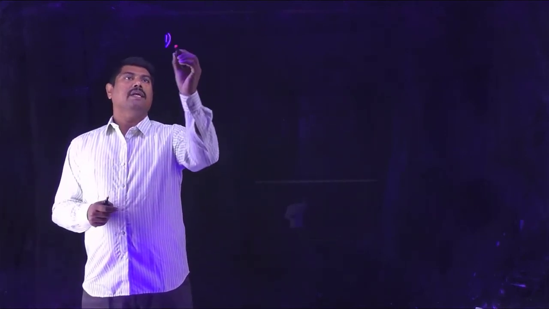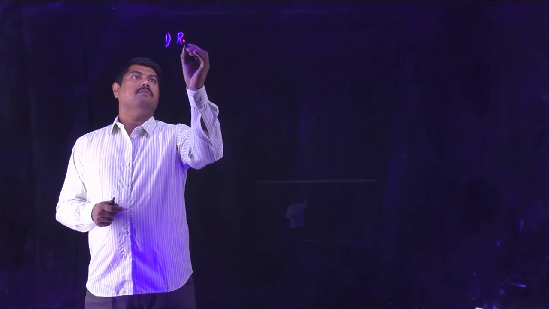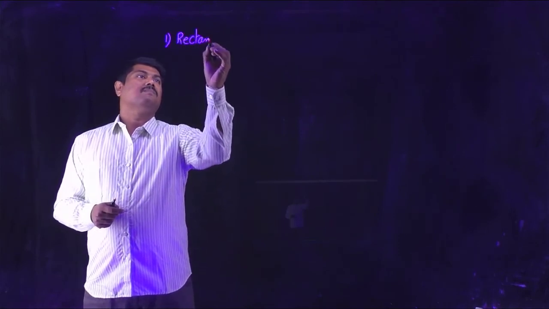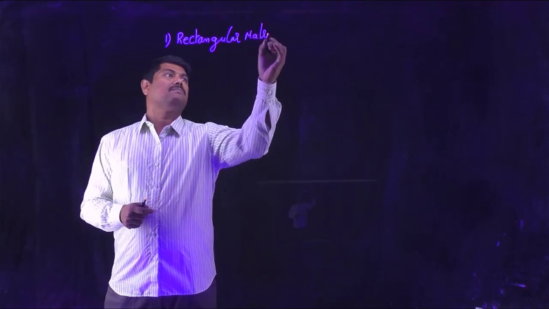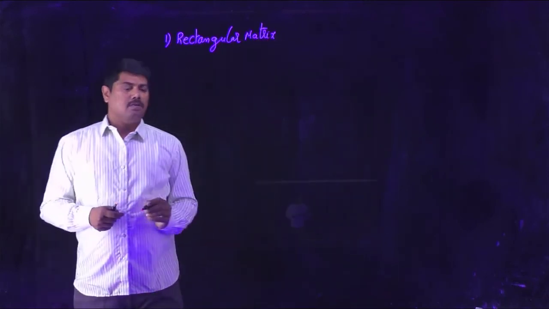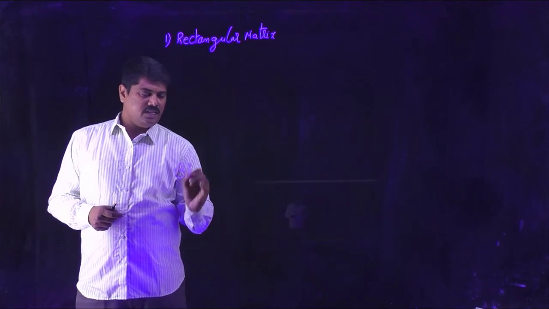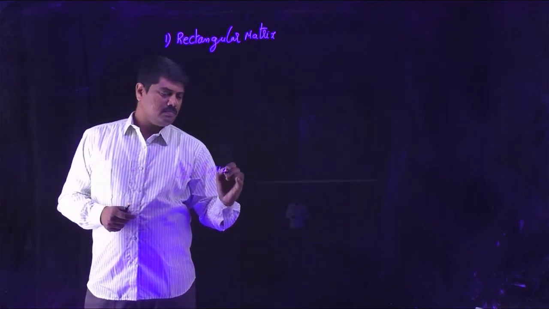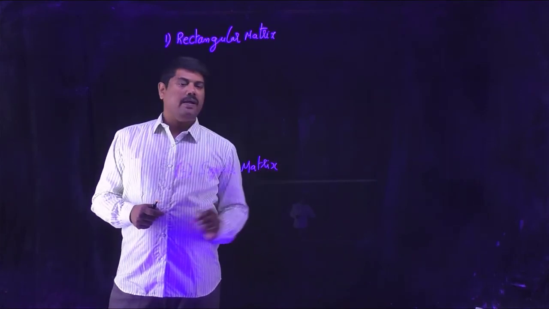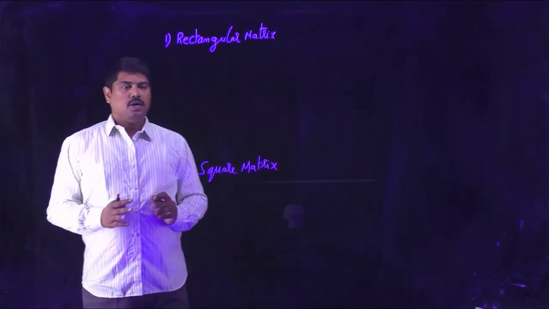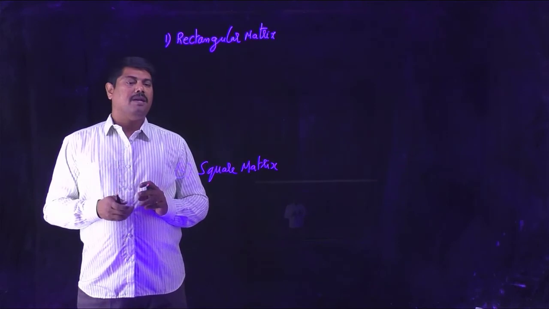Basically we have two different matrices. One is the rectangular matrix, and the second one is the square matrix. These two are classified by the order of the matrix.